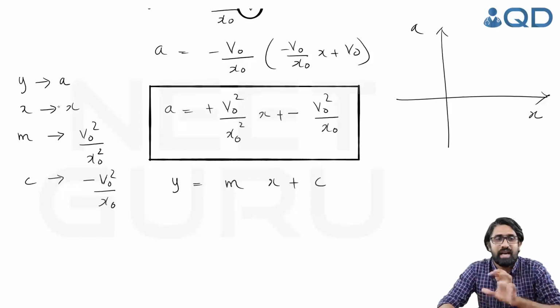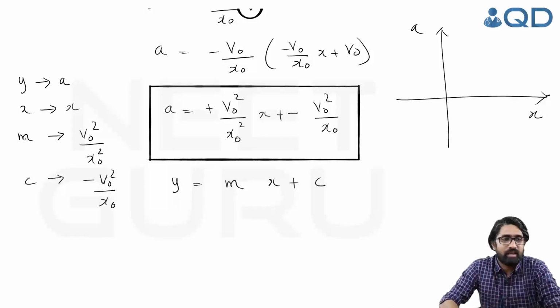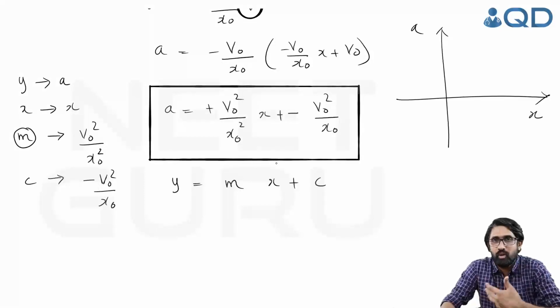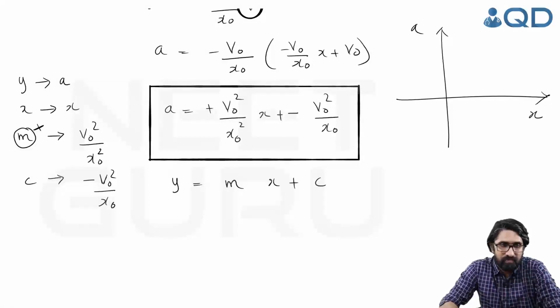Now, be very careful here. It's very clear that the slope of this equation, when it's plotted on a graph, is a positive figure, and the y-intercept here is a negative figure.